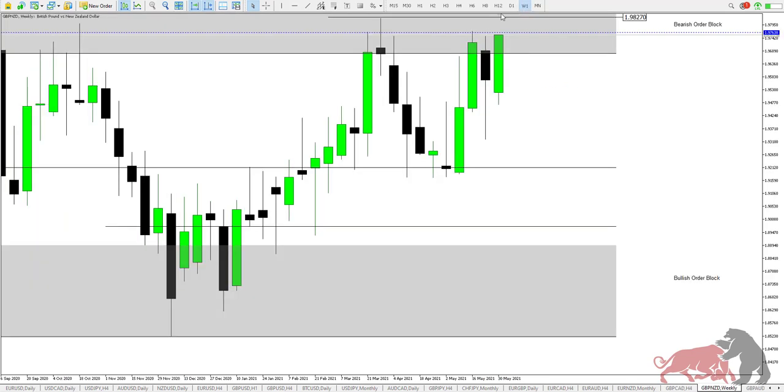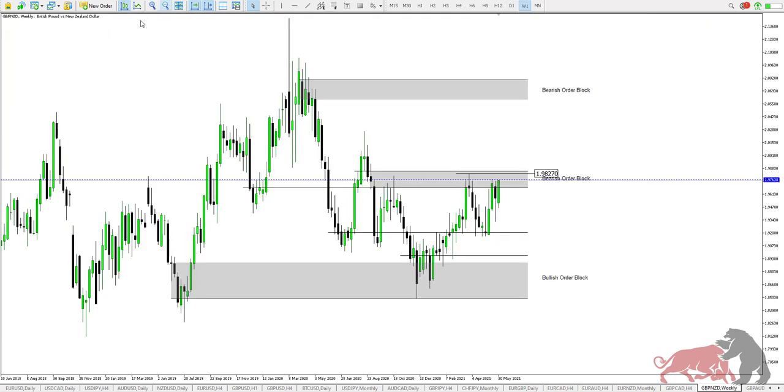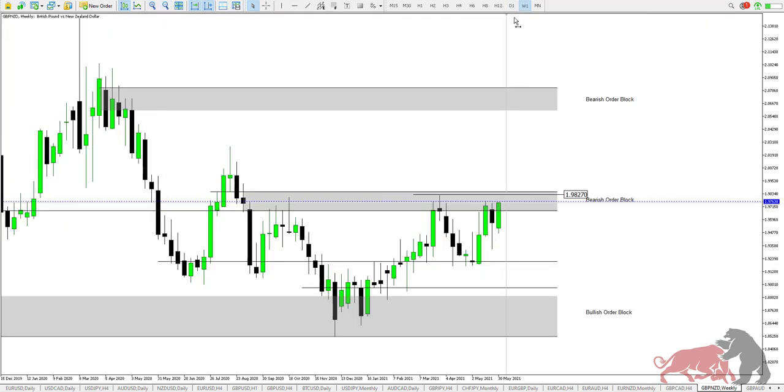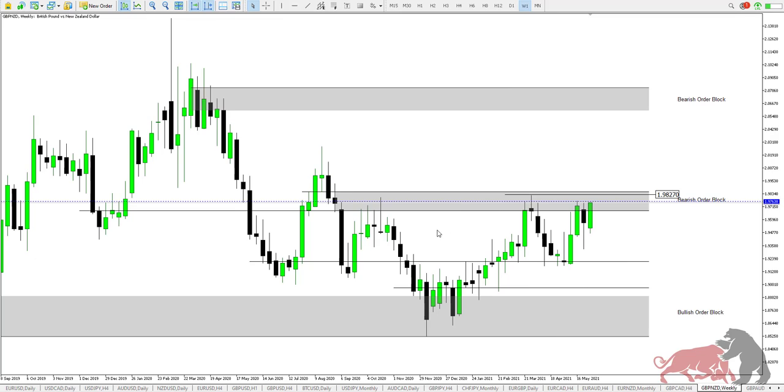So now I'm gonna go on to the weekly chart, right? Now I'm on the weekly chart. You see this price action here, the current week. It opened with a gap to the downside, filled that gap and kept rallying to the upside.